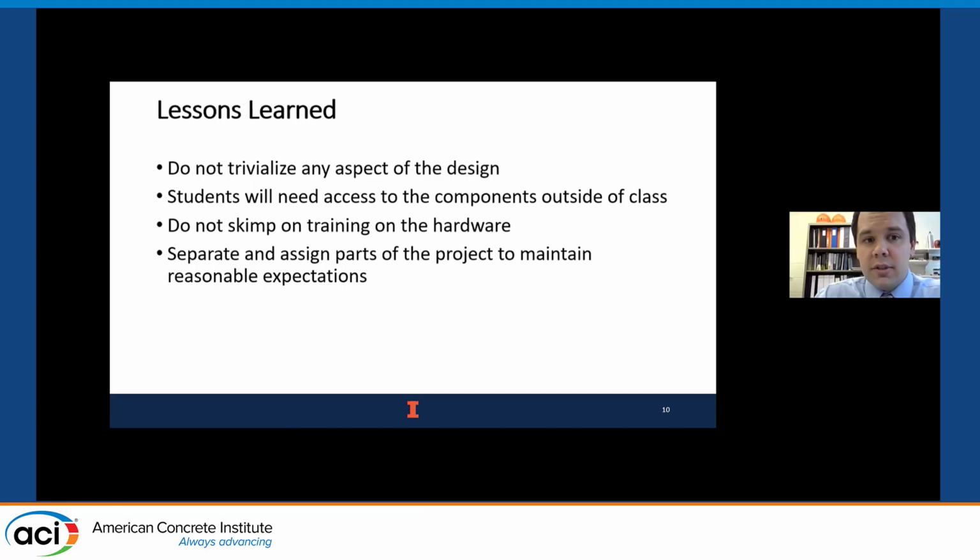One of the big things we learned is students need a lot of hands-on, not only training, but then access to the components. A lot of this stuff they'll learn as trial and error type of learning exercises, and that's okay. But one of the big things with these printers, I'm going to show you the big printer that I helped construct, it is dangerous, and so be sure that you don't slack off on the training when it comes time to have students working with the machines.